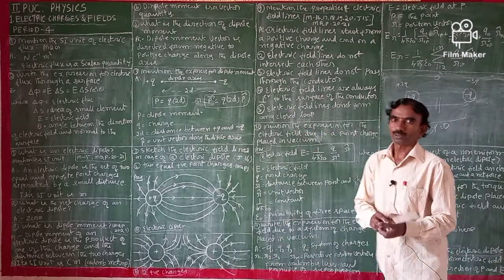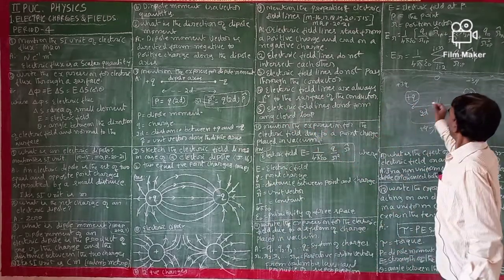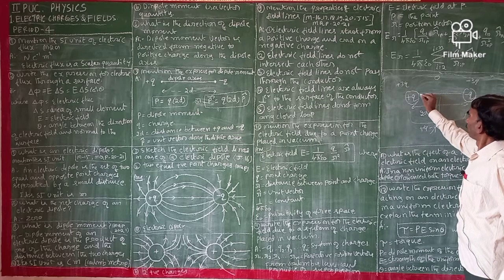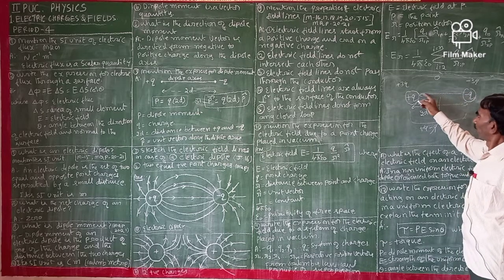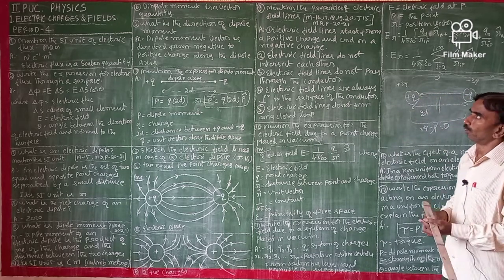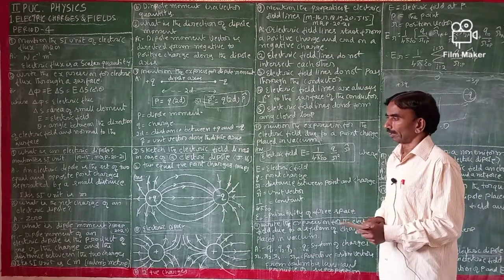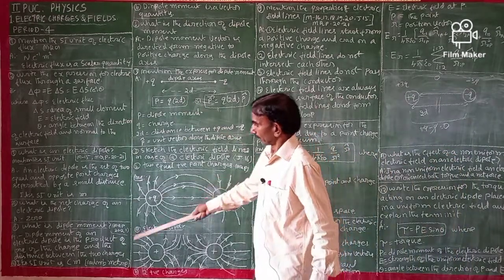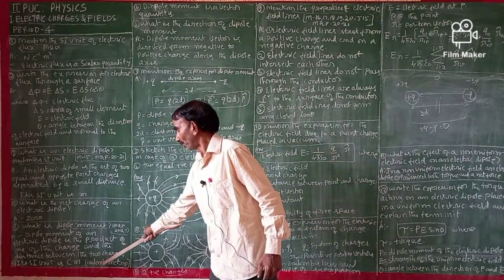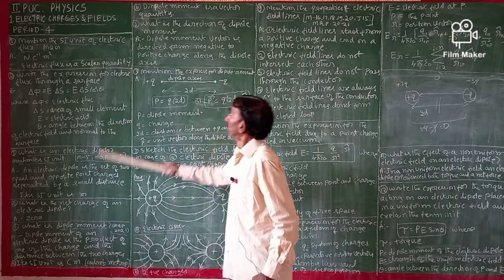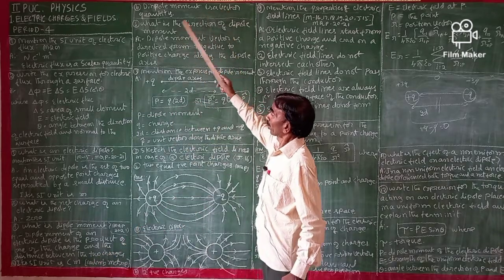Especially, dipole moment is a vector quantity. Its direction is from minus q to plus q. The SI unit of dipole moment is coulomb meter, and it is a vector quantity.